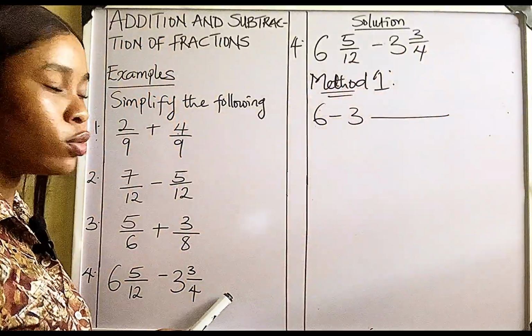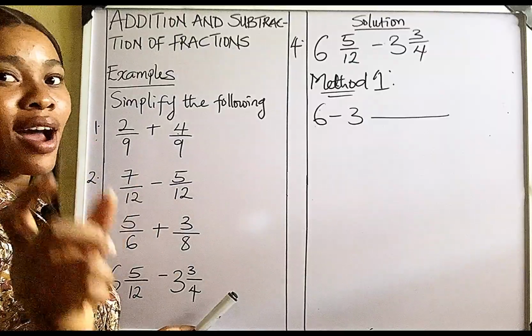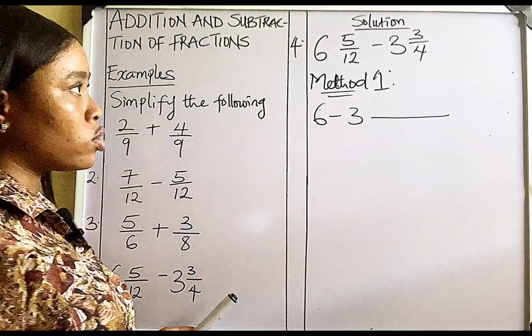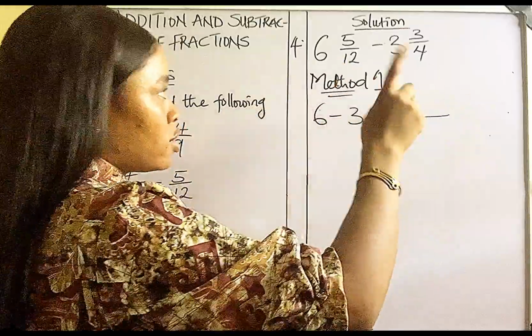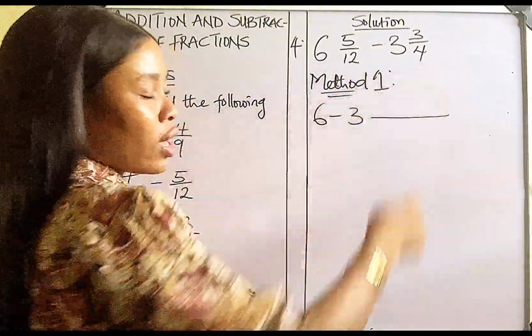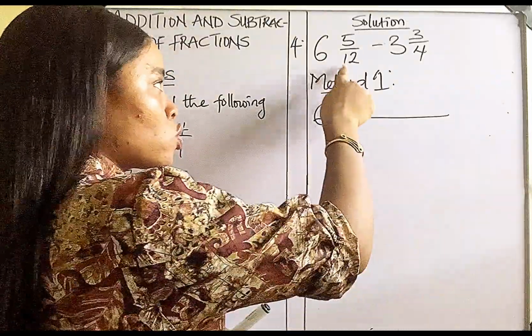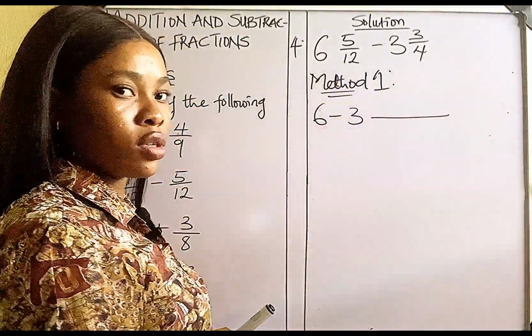So we find the LCM of the denominators so that they can have a common denominator, that is the smallest number that 12 and 4 can divide without a remainder.